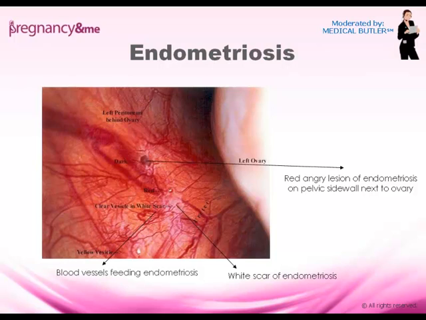Just to orientate you a bit, this is the ovary, so you're looking down into the pelvis and panning left across to the side wall of the pelvis, and you can see that this lesion is a slightly older one which is scarred. Interestingly, you can see that these lesions have a fairly active blood supply. They're drawing blood from the surrounding vascular network to let them grow. So it is an active lesion.